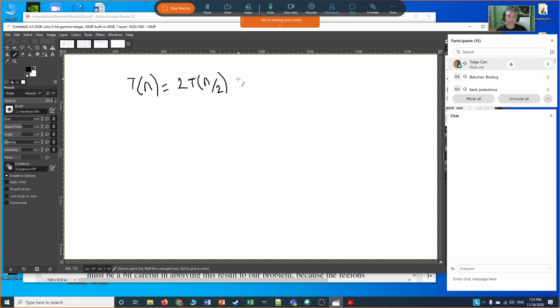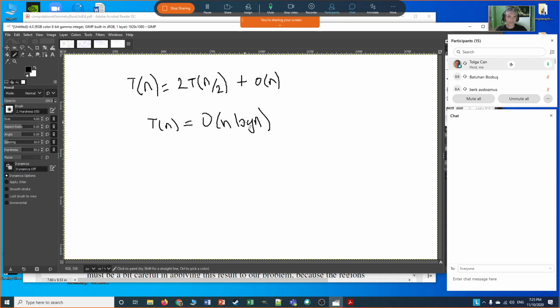And I also claim that I can find the intersection of 2 convex regions in linear time. So if this is the case, we get T(n) = O(n log n). So this is the n log n algorithm which finds the intersection of half planes.